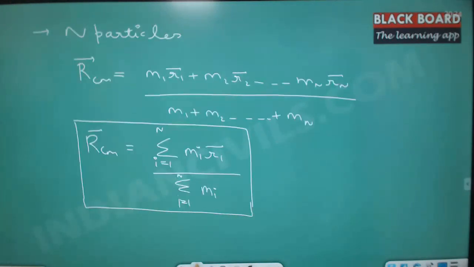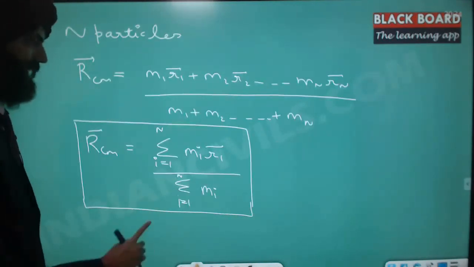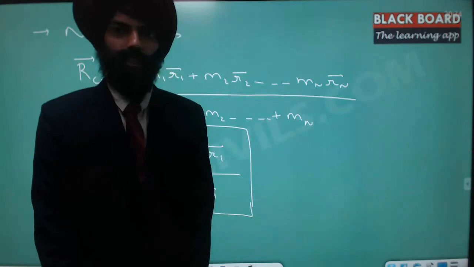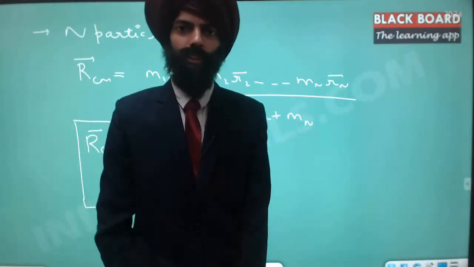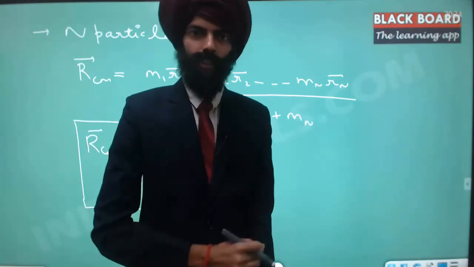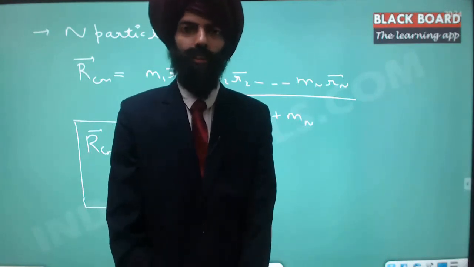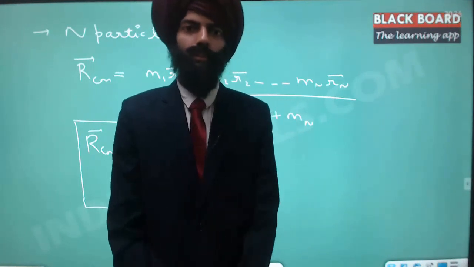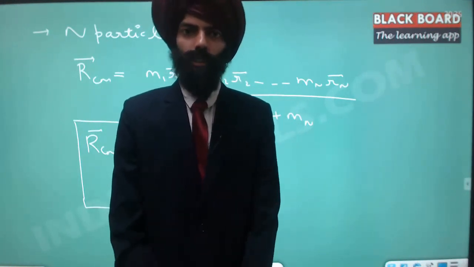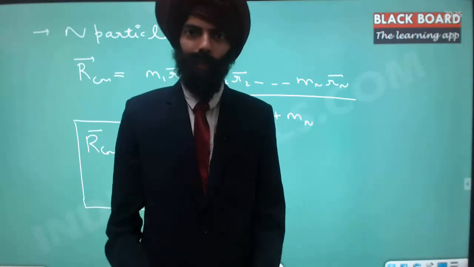All right, so now here what we consider is these n particles were at a separate distance. They were separated by some distances, and they were scattered at different points in the coordinate space. But what if we have a continuous system of particles? For example, say a rigid body. If you have a rigid body, all these particles are totally packed with each other.